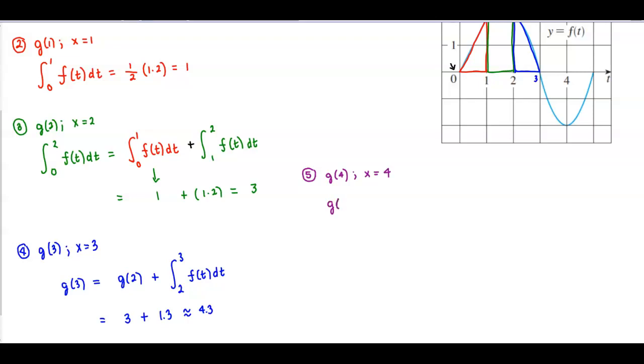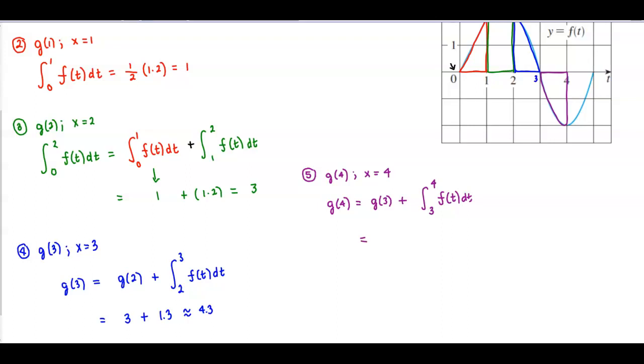Recall that g of 4 is going to equal g of 3 plus the integral that goes from 3 to 4 of the function f of t dt. So we're looking at this piece.